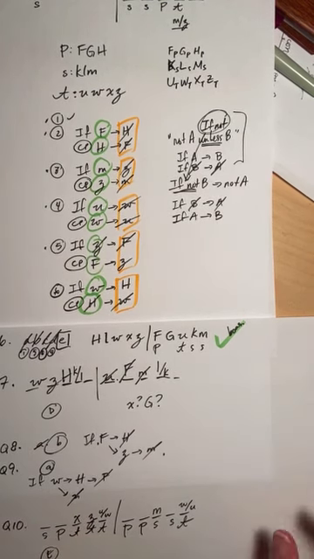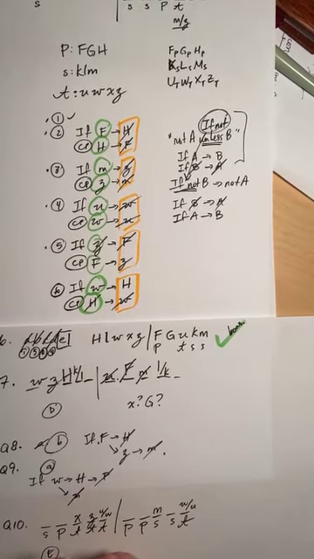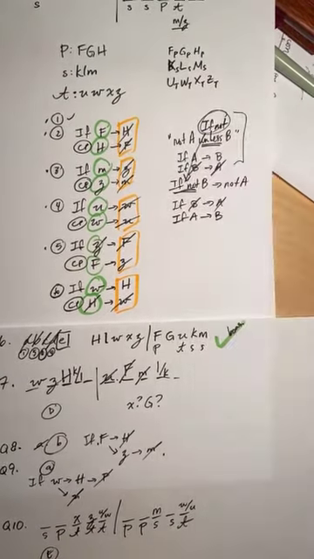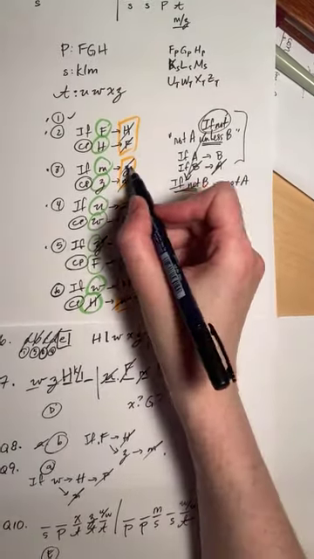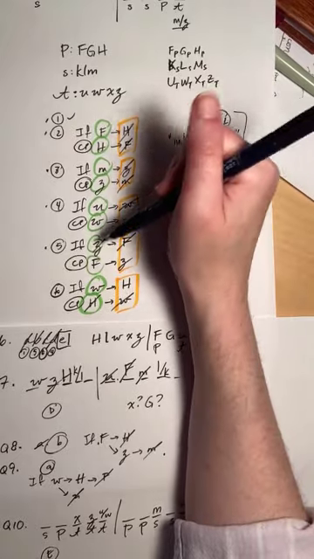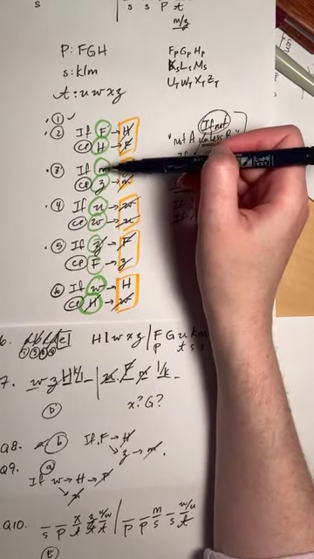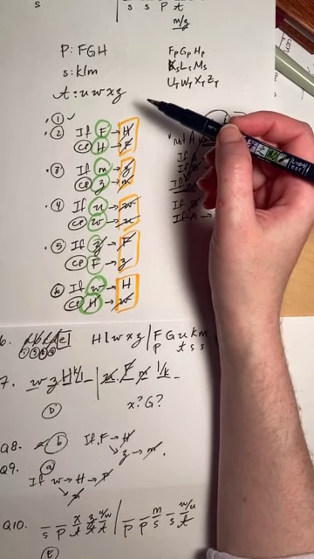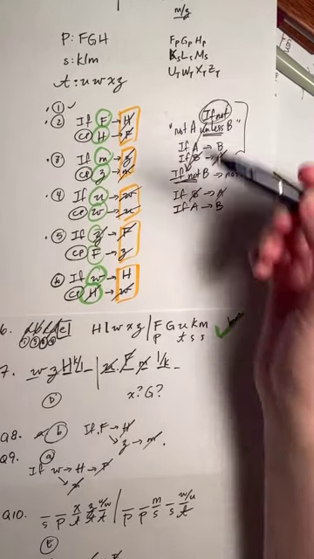Question 11. If M is selected, so we start with M. Go to here, M means no Z. All right, no Z means no F. No F doesn't take me anywhere. Do I have anything else for having M in? No, doesn't look like I do.